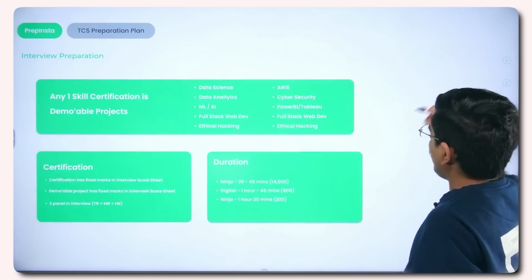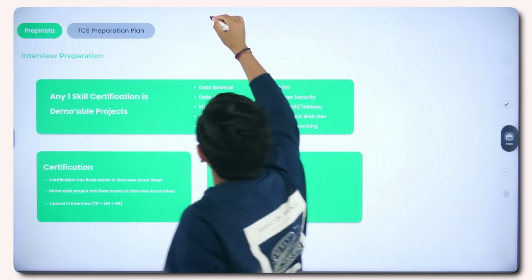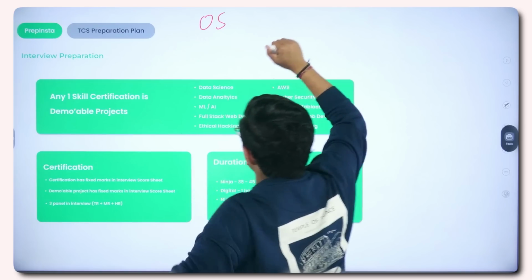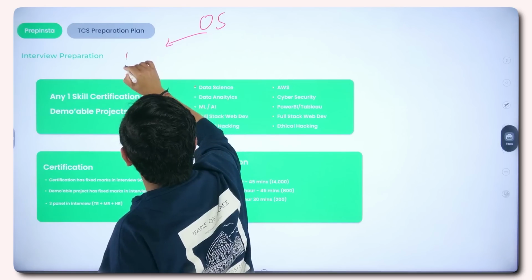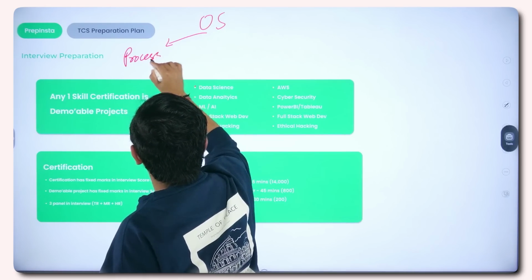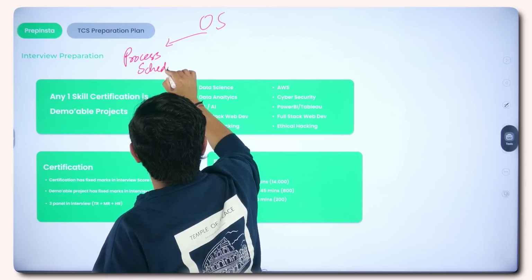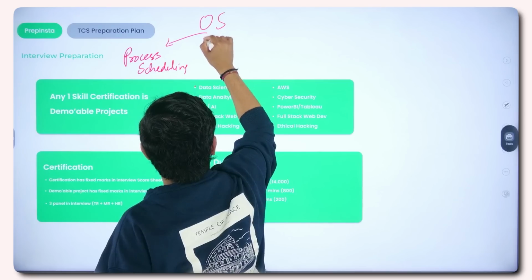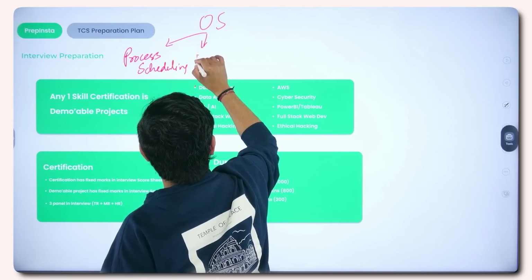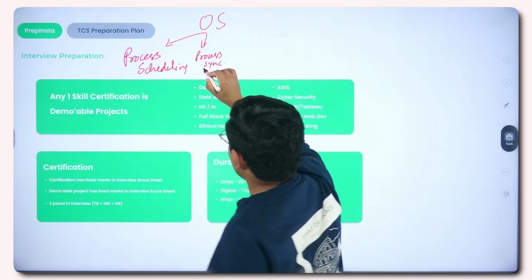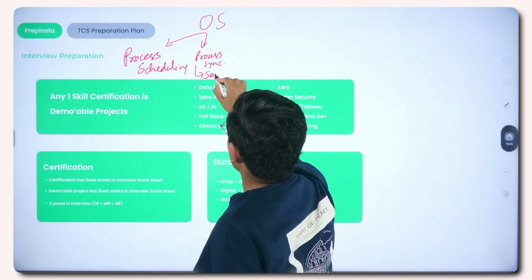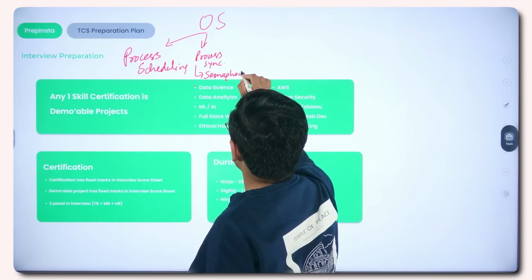Let's write something for OS and CN as well. I'm writing this on the other slide. We'll come to this slide as well. Fine. So in OS, the first thing you should study for interviews is process scheduling. Then you should study process synchronization. Not much in this. Here you can study semaphores, basics of semaphores.